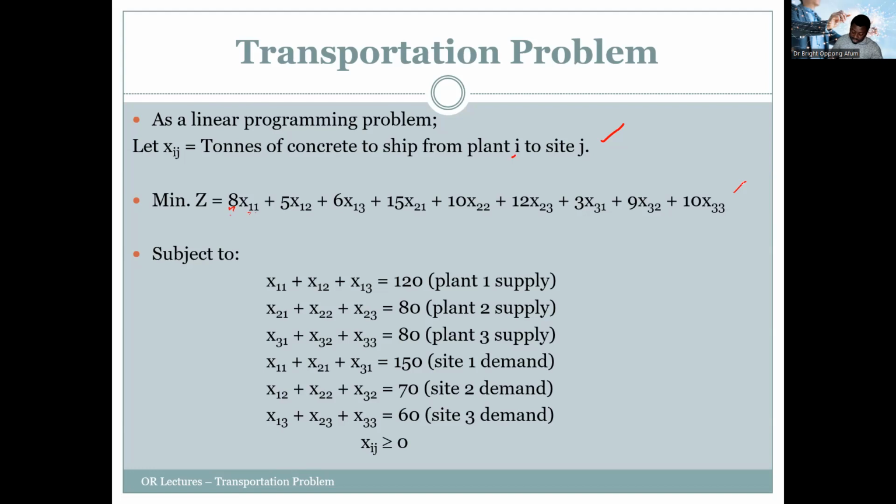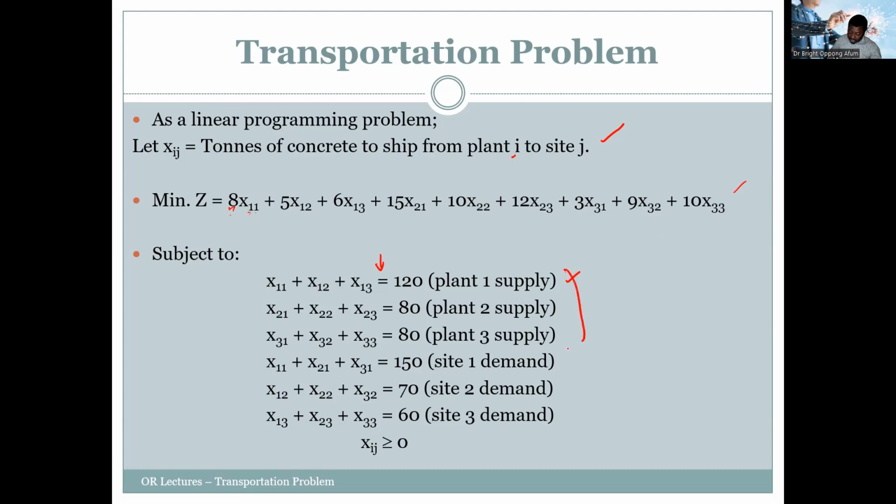And it will be subject to supply. We are using the equal sign because it is the total amount that is there, and everything needs to be supplied, right? So it's a binding constraint, or a hard constraint, let's put it that way. That means that everything on the left-hand side should balance the right-hand side.